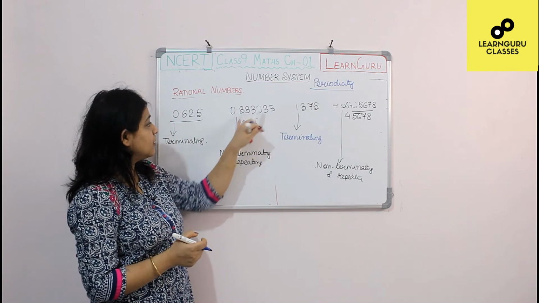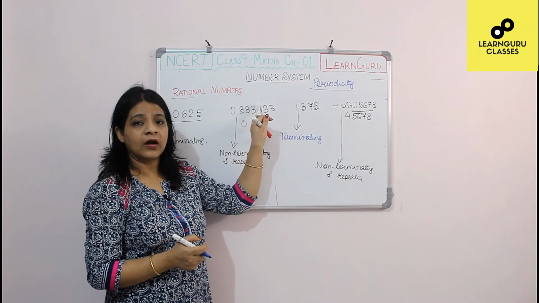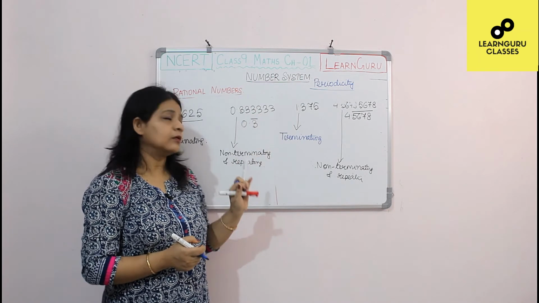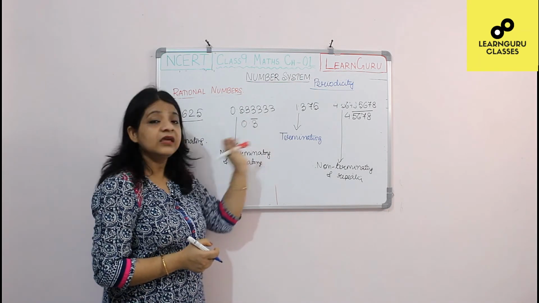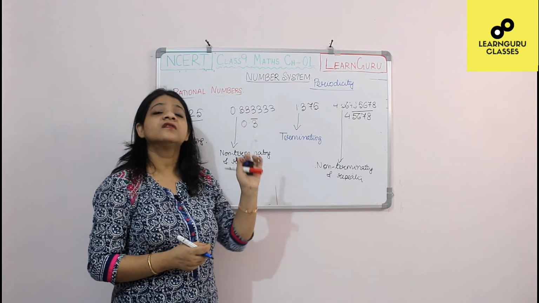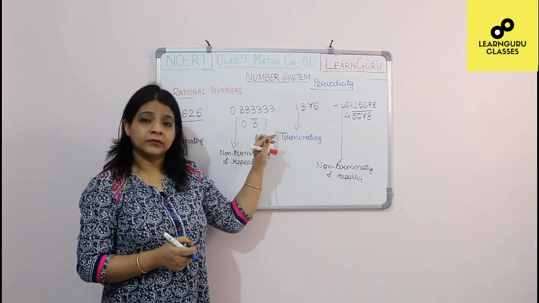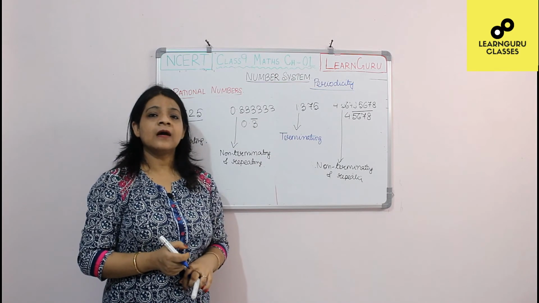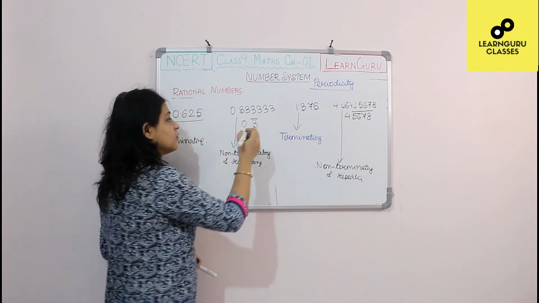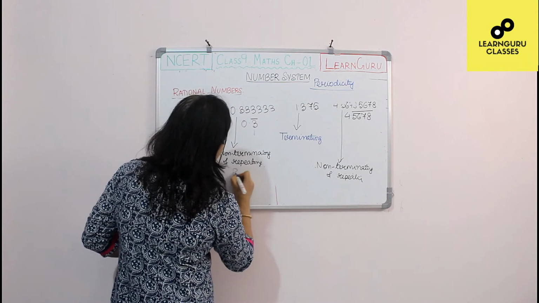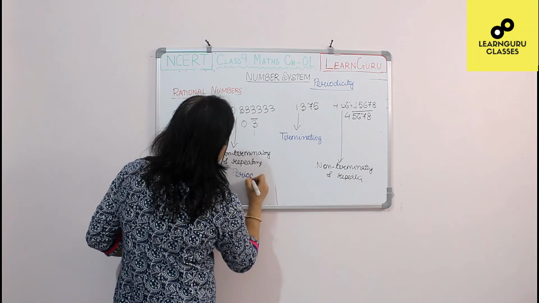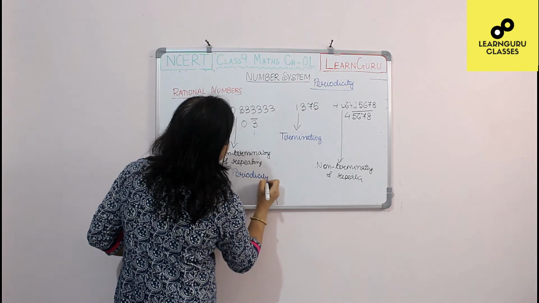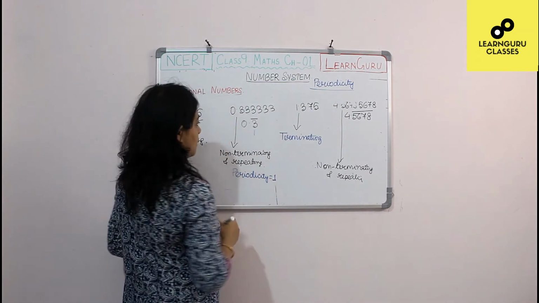So in 3333, only 3 is repeating. In simple words, the number of digits under the bar represents the periodicity. So here the periodicity is 1.